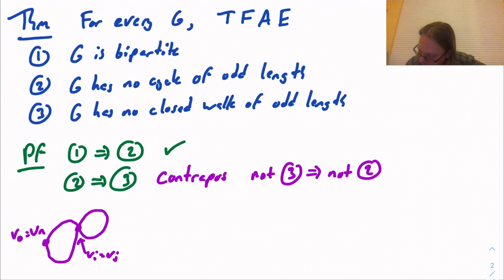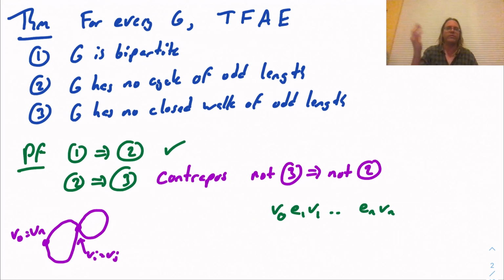Let me write it down. So let's say I'm going to choose a walk W, which is the walk V0, E1, V1 on up to E sub n, V sub n. So there's some walk, and it's a closed walk, so V0 equals Vn.